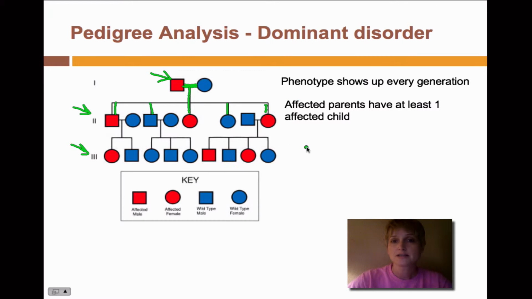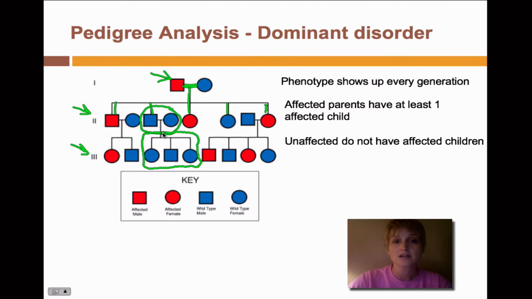All right, and then another thing that we know is that unaffected children do not have affected children. So if you look here, this unaffected child from these parents, all 3 of their children are unaffected by that disorder.